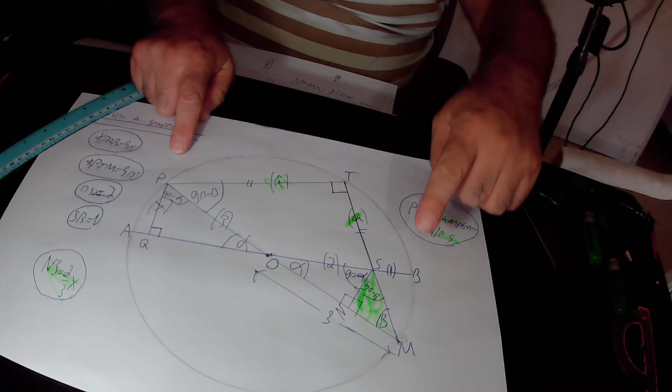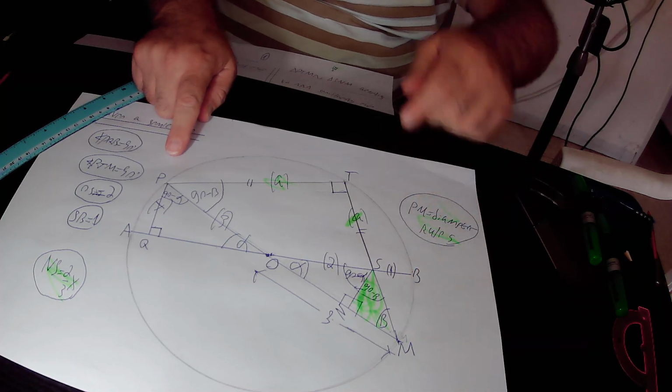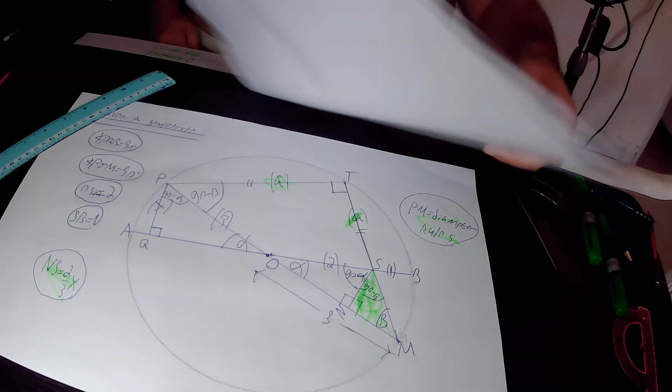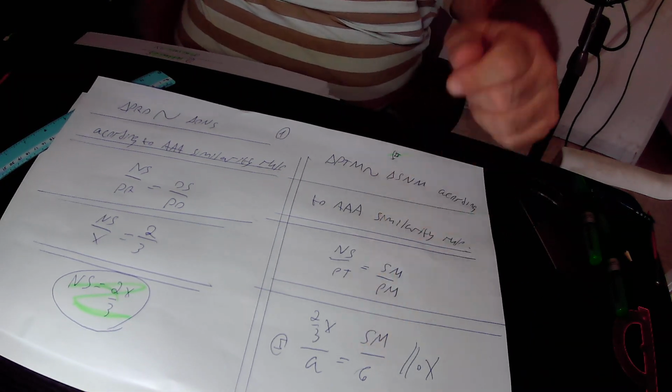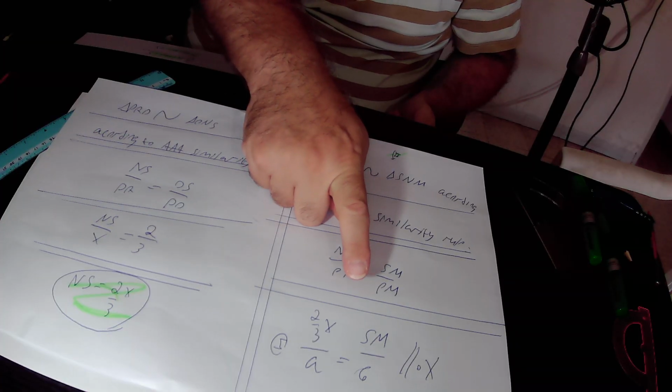PM is the diameter of the circle. The radius is 3, the diameter is 6. So PM equals 6. So in total, 2/3 x over A equals MS over 6.